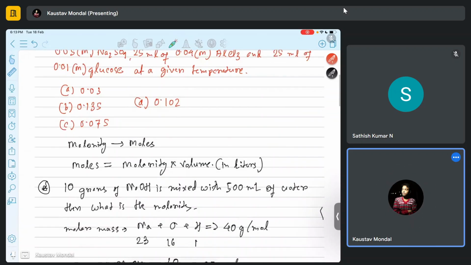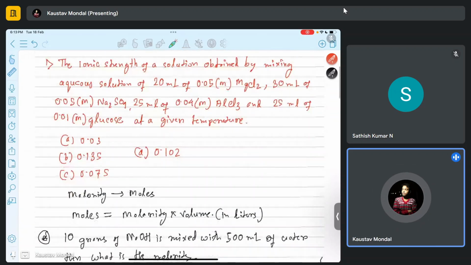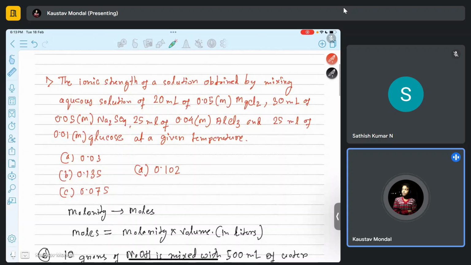Okay. But our main problem is we have to calculate the ionic strength of a solution, which is obtained by mixing aqueous solutions of 20 ml of MgCl2, 30 ml of Na2SO4, 25 ml of LiCl, and 25 ml of glucose at a given temperature.